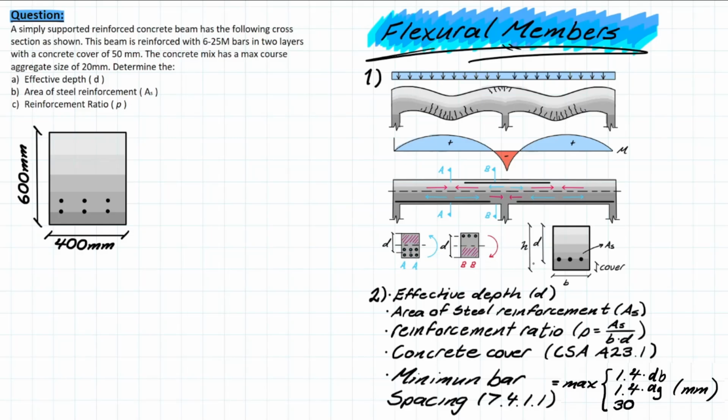So the first two variables that we already know that are typical for all beam problems in structural design are your h, which is the depth of your member, and the b, which is the width of your member. But now we're going to be talking about some new concepts, which is first the effective depth. And all effective depth means is that you are taking the distance between your top compressive fiber to the centroid of your reinforcement or your area of steel reinforcement.